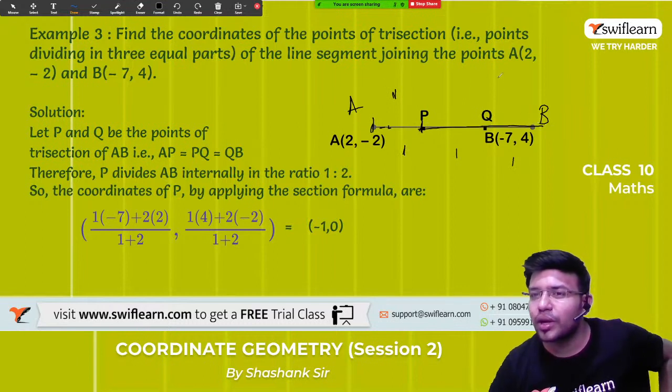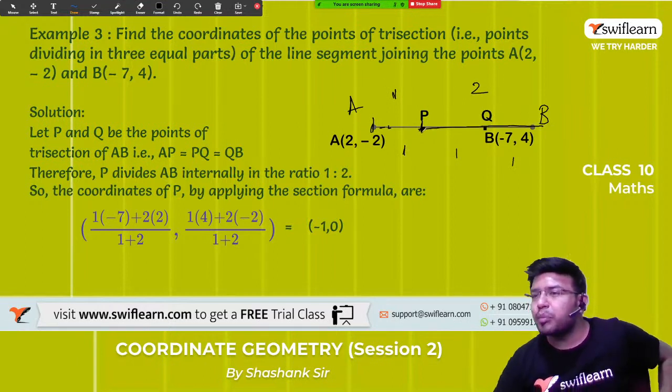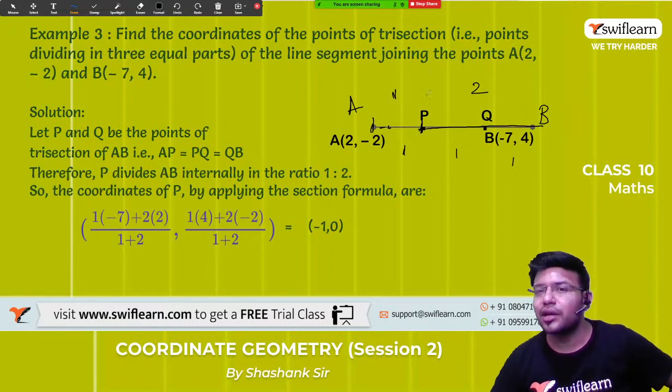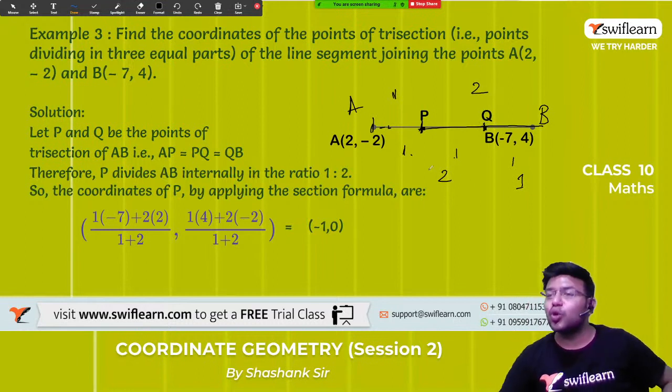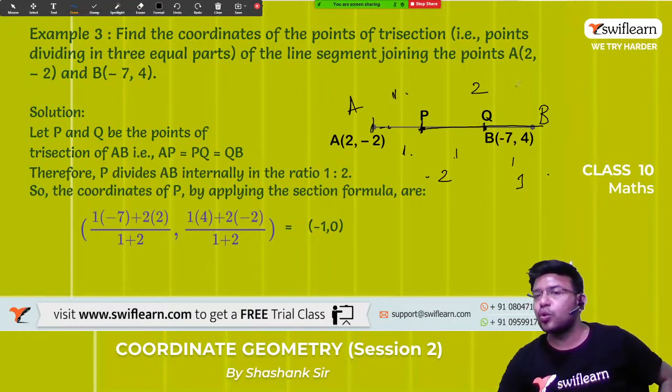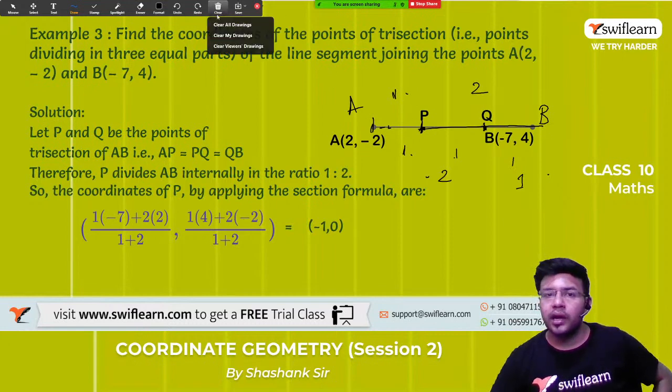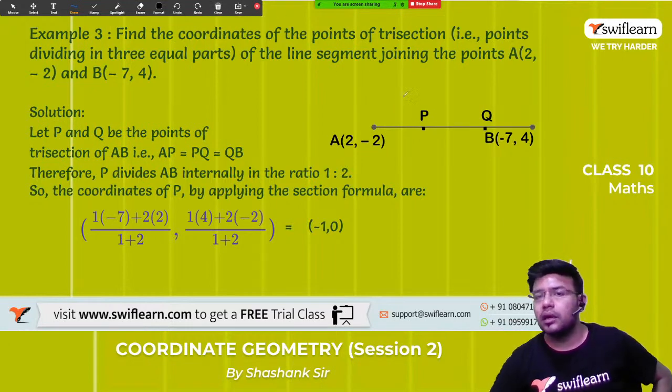In total it is 2. So point P divides the line AB in the ratio 1:2. And how about point Q? ये 1 है, ये 1 है, total 2. ये 1 है. Point Q divides the line AB in the ratio 2:1. ये 1:2, ये 2:1. Okay, so solving for P, it is dividing in the ratio 1:2.